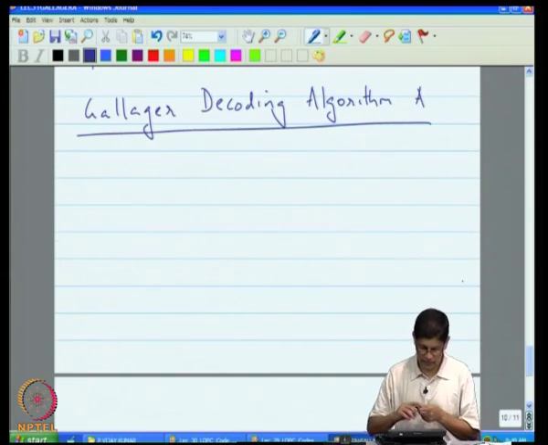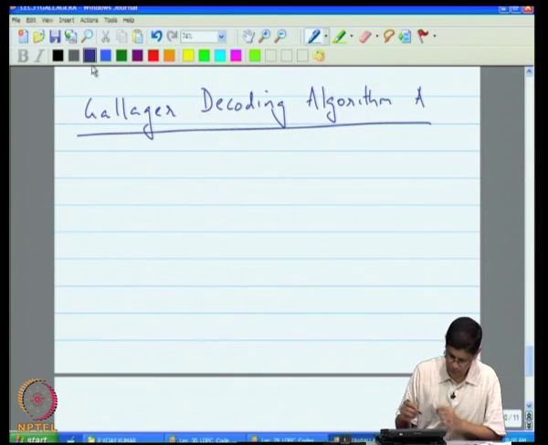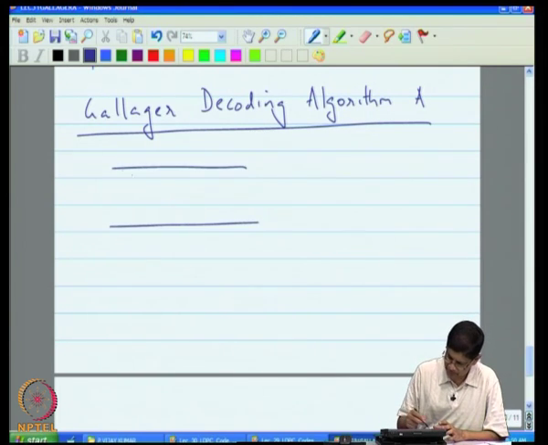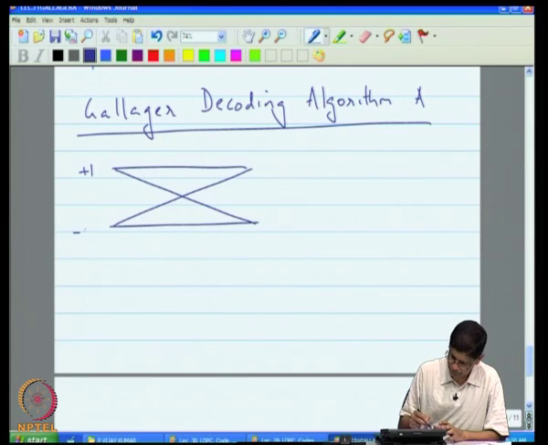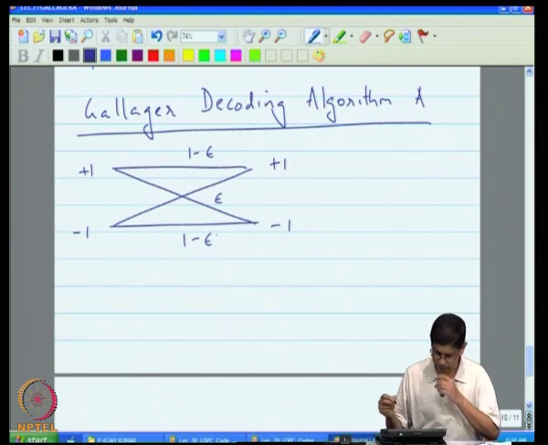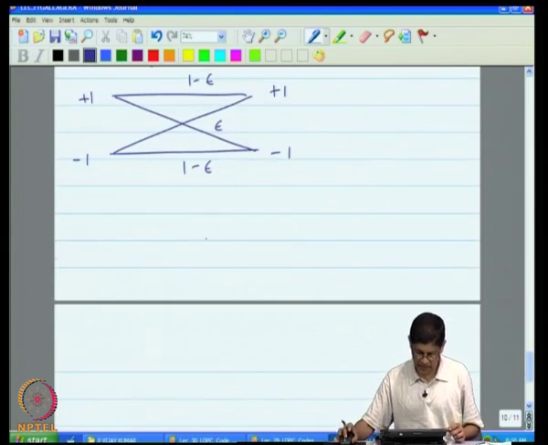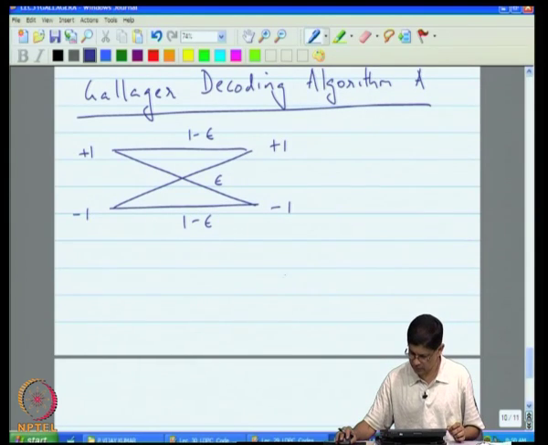In Gallager's decoding algorithm, what he was considering was the binary symmetric channel, where the input was either +1 or -1, and he specified certain specific variable and check node maps.